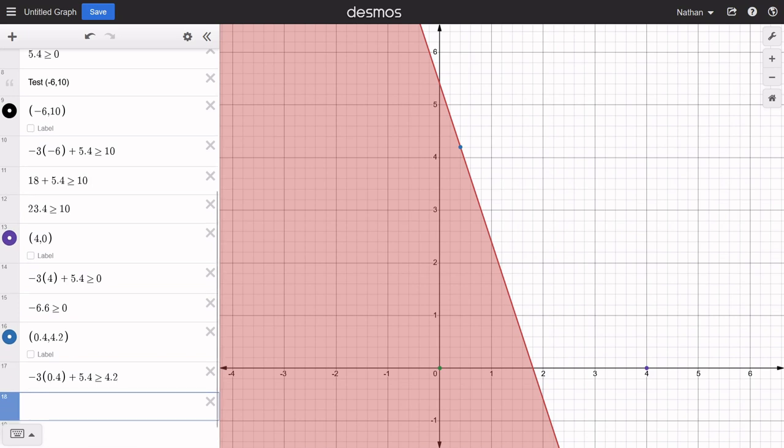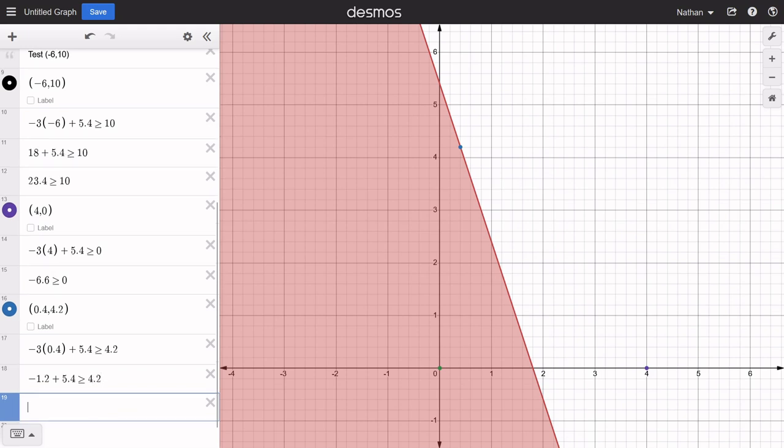So negative 3 times 0.4 is negative 1.2, plus 5.4 greater than or equal to 4.2. That gives us 4.2 is greater than or equal to 4.2, and that is a true statement. Since it's equal to, it passes the test. So this point is in the solution space.